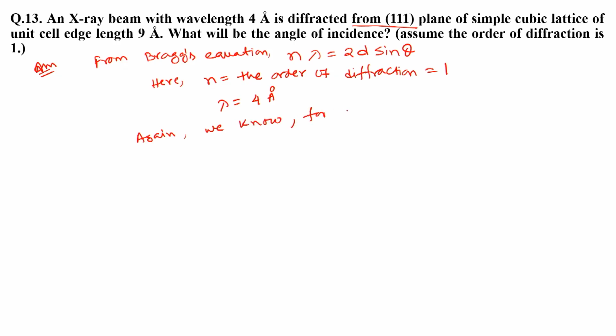for a cubic lattice or cubic crystal, d_hkl is a by square root of h square plus k square plus l square.